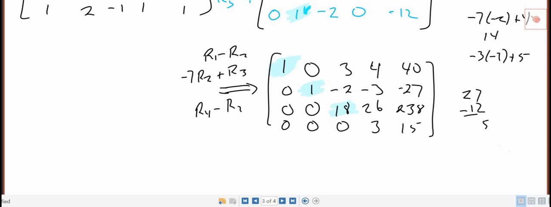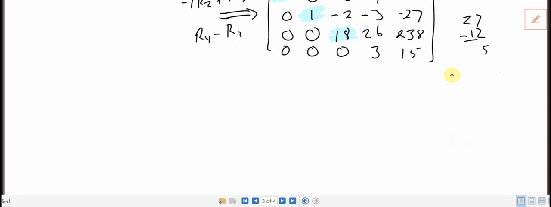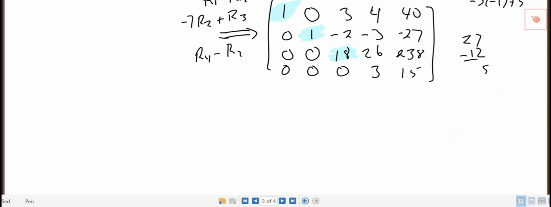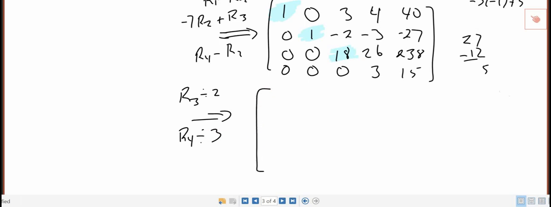So we're just going to divide everything in that row by 2. And I'm going to write that down separately here. So I'm just going to take row 3 and divide that by 2. And you know what? I'm going to look at row 4. I'm going to go ahead and divide that by 3, because that'll give me another 1 in a good spot.